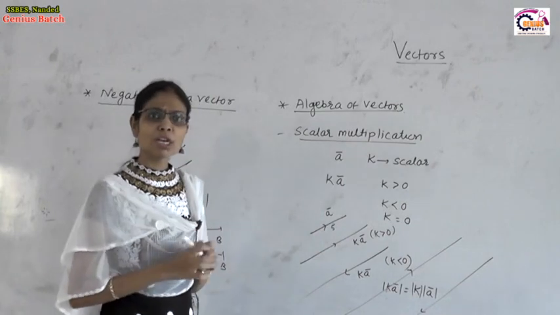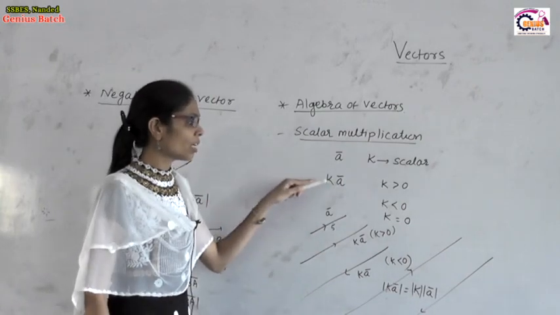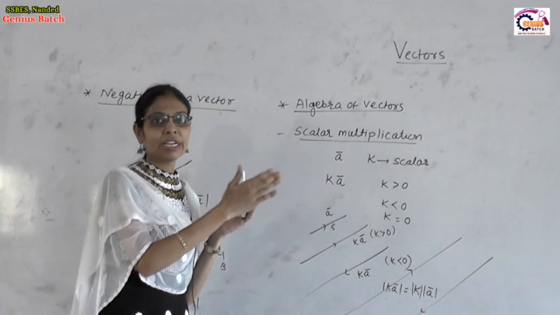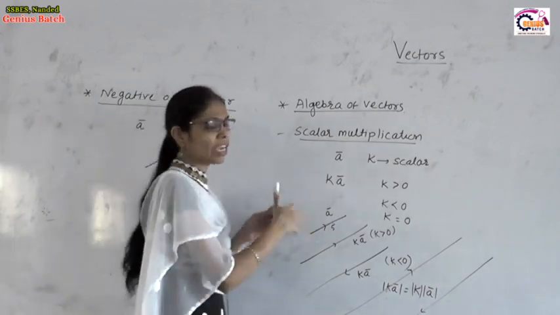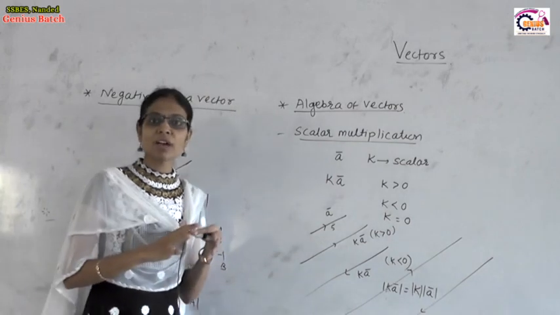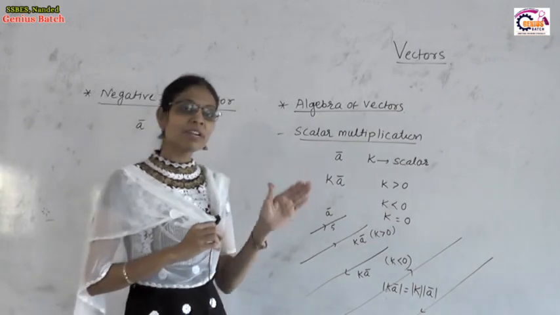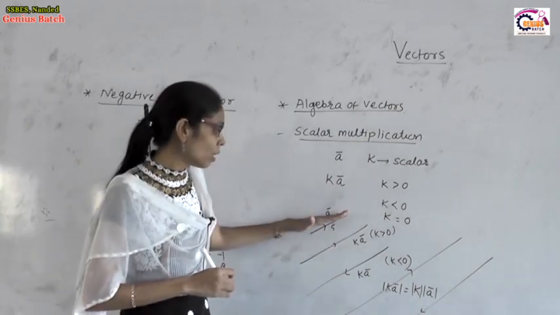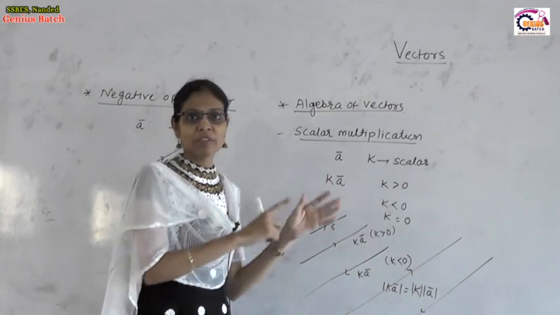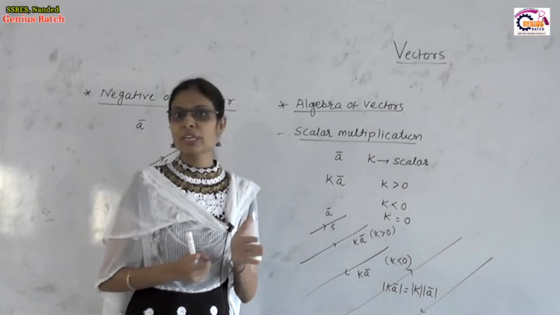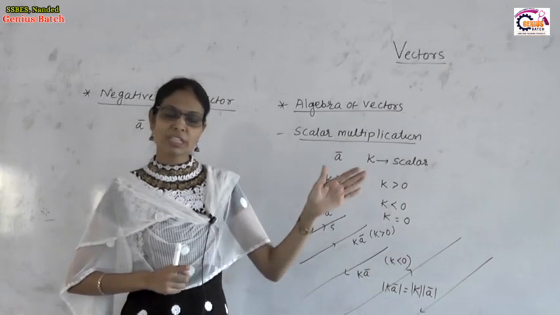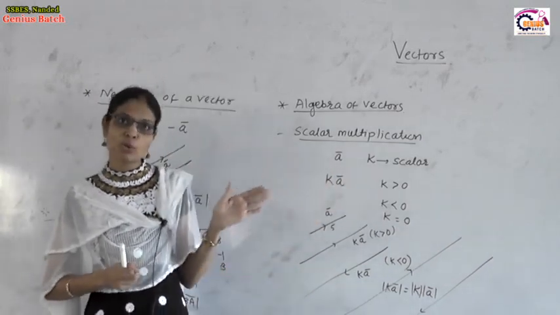So whenever you multiply a vector by a scalar, you are getting a vector which is parallel to the original vector. So k may vary, you can have different values of k, but for every value of k, you are getting a vector parallel to the given vector. And we have already discussed that parallel vectors are collinear vectors, right? In definition, in last session we have defined collinear vectors.